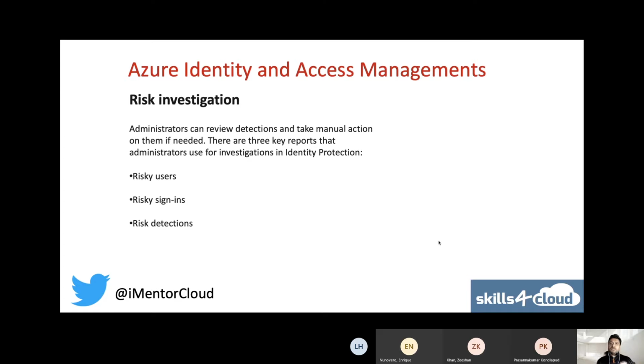So let's take a look at what it is, how it works, and how you can leverage it to tell whether a user is a risky user or not. Let me switch to, I believe this one.